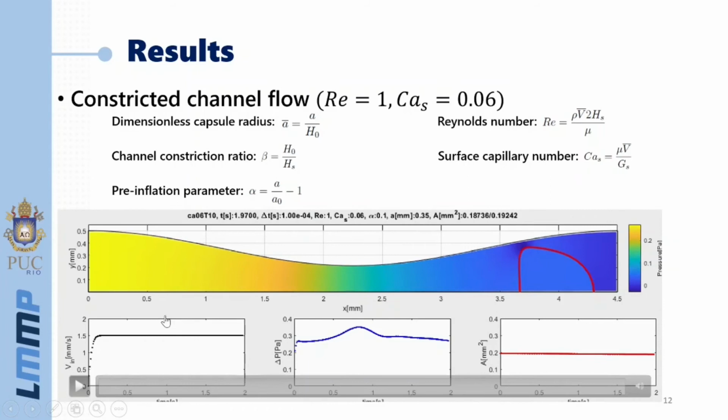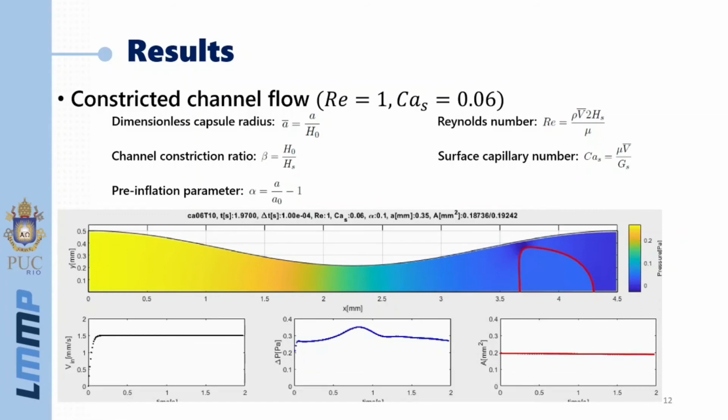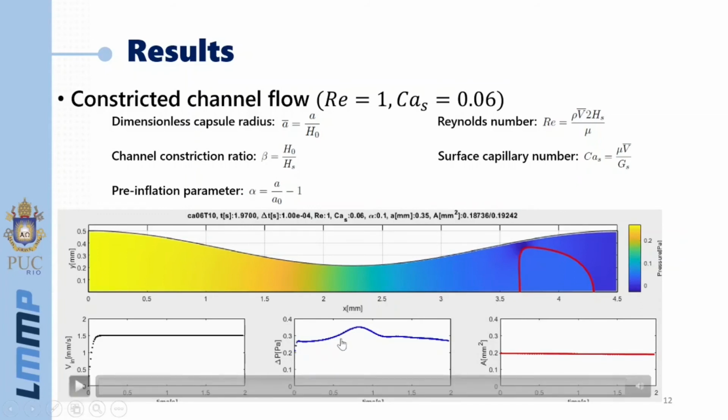At the bottom side, we have 3 plots. The first plot on the left side is the velocity at the inlet. Initially, we impose a 0 flow rate until we reach the steady state. The second plot is the pressure difference between inlet and outlet. Notice how pressure behaves in time.